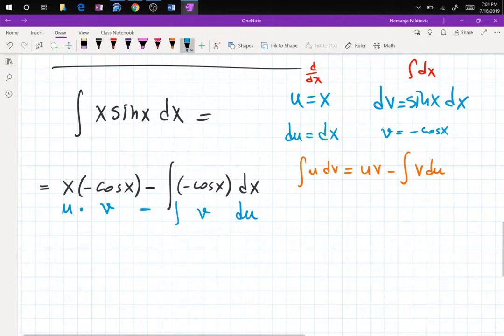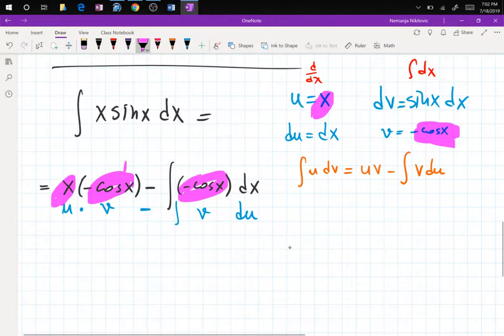Guys, what I need you to see right now is Control C, Control V. No calculations. Control C, Control V, that's all you do. Copy and paste. The same thing for this one. This is your Control V from v, and here's your du.